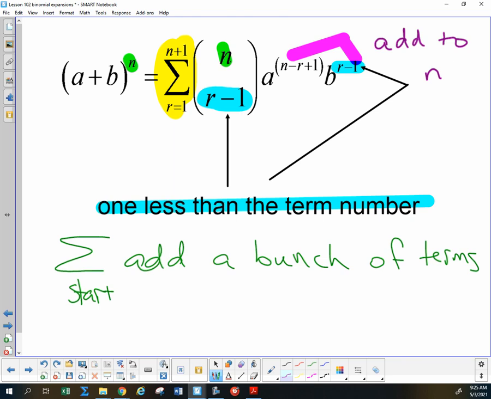So we're going to start with R is 1, whatever is listed there, because they could have said R is 5, they could have said start with 5. But we're going to start with 1 and keep going till we get to the top number.